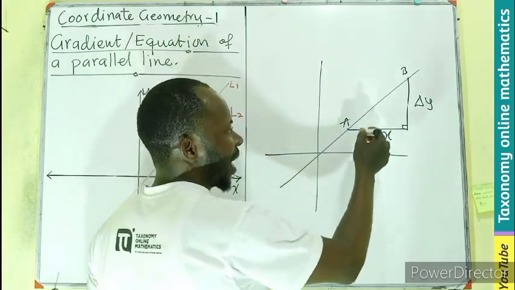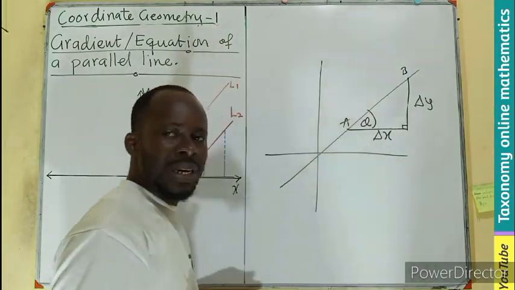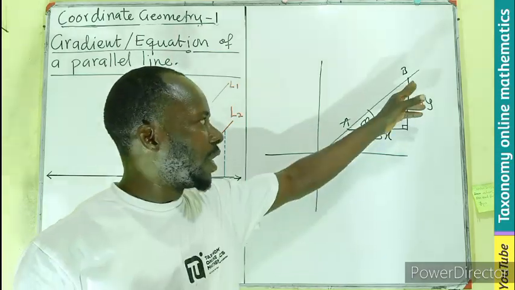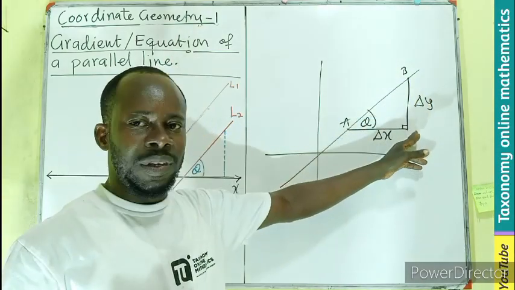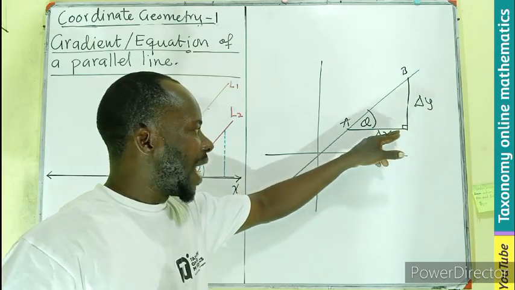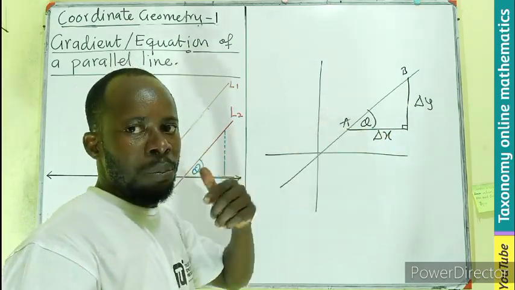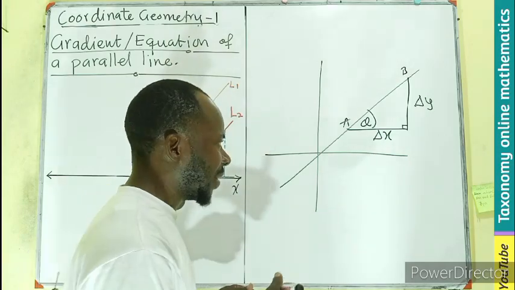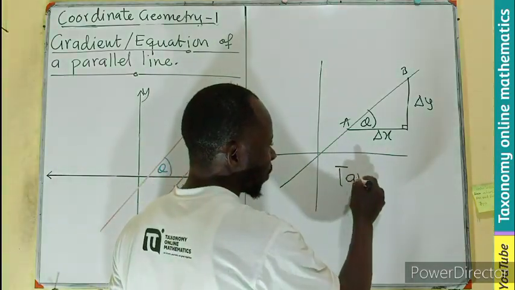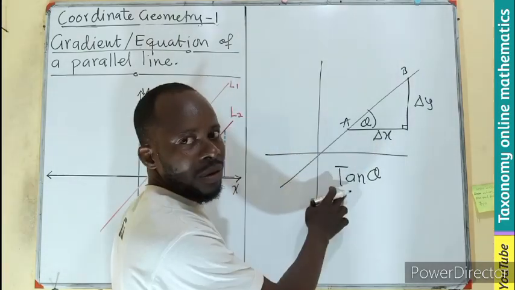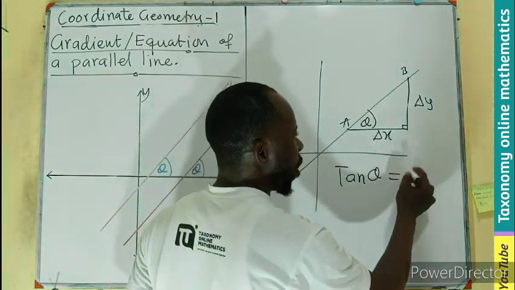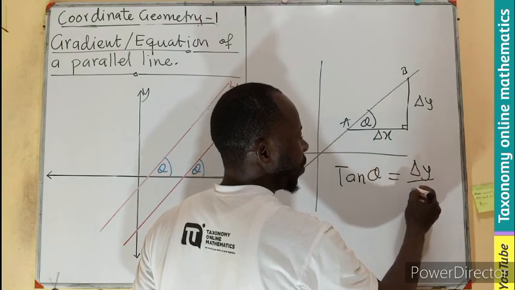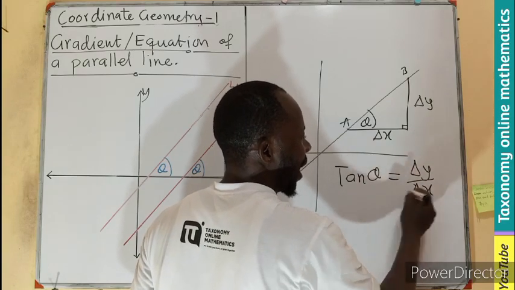Now, if I want to find the angle that is here, that angle is going to have a relation between the opposite side of this triangle and the adjacent side. So, per the properties of trigonometric ratios, we can say that the tan of this angle will be equal to the change on the y-axis over the change on the x-axis.